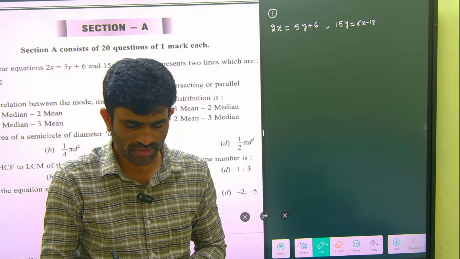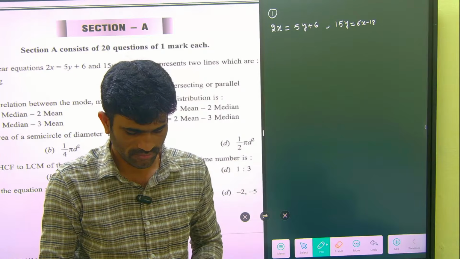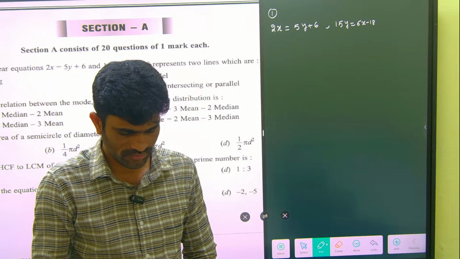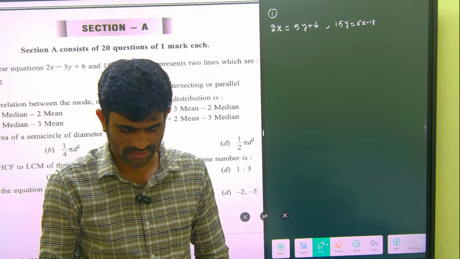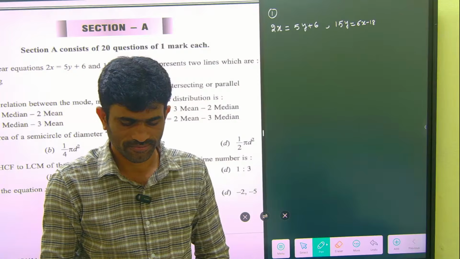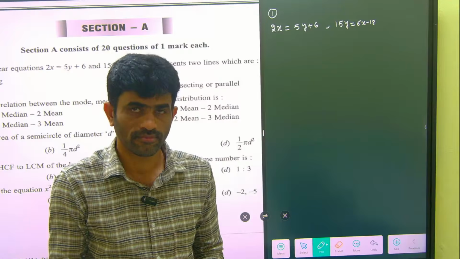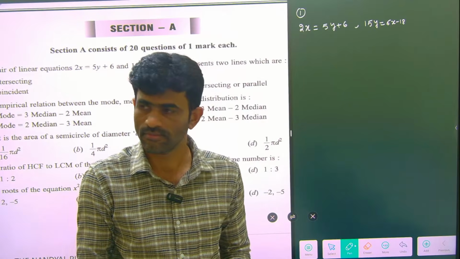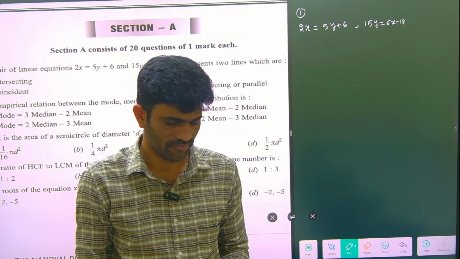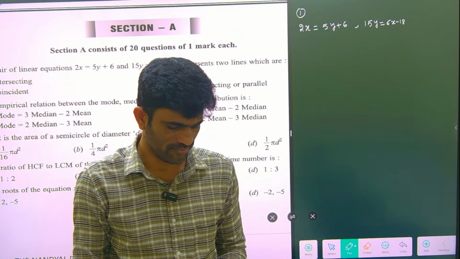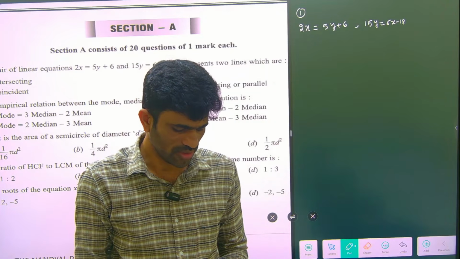Is the font clear, what I'm writing on the board? Yes, Lena, correct. They are intersecting lines. Can you see what is the second question?